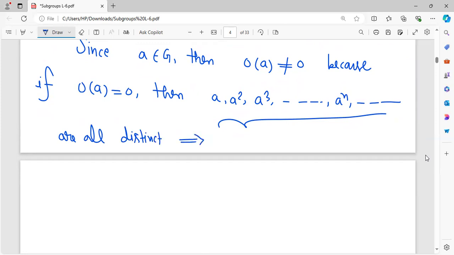This implies the order of G is not finite, which is a contradiction.